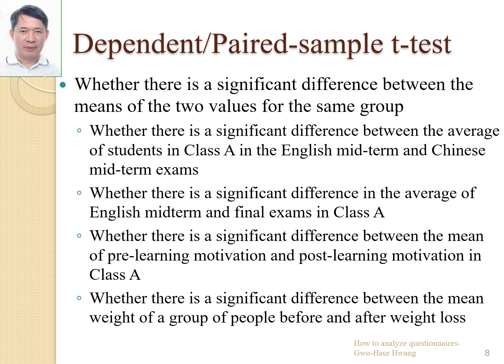A dependent or paired sample t-test checks whether a significant difference exists between the means of 2 values in the same group.